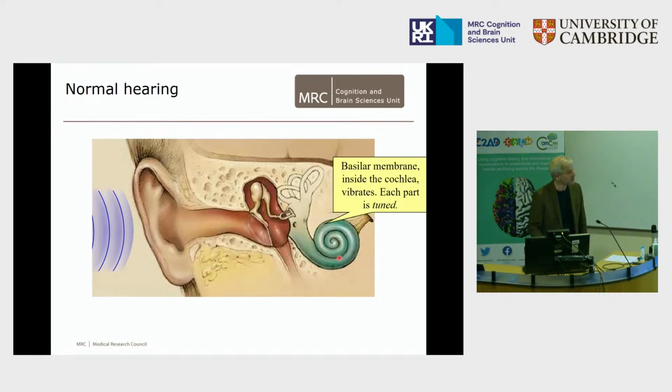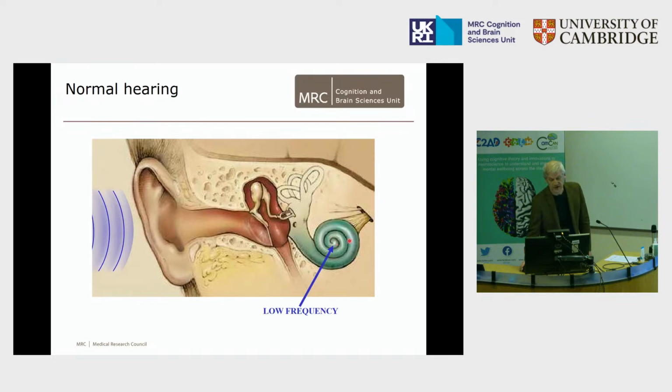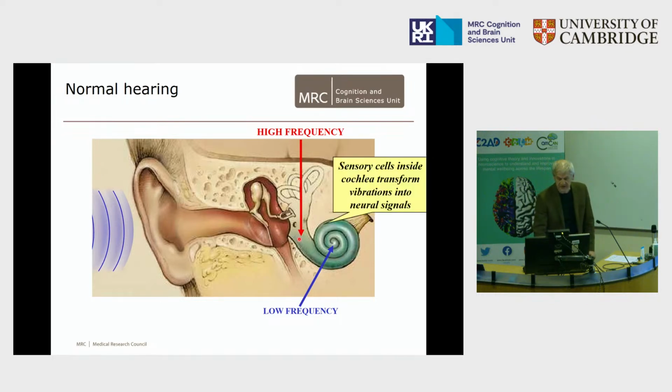Along the length of the cochlea, there's a membrane called the basilar membrane, thin and stiff at one end, and wide and wobbly at the other end, called the apex. This means that low-frequency sounds tend to excite the apical part of the cochlea, where the membrane's wide and wobbly, and high-frequency sounds activate this bit here, called the base. So each part of the cochlea is tuned to a different frequency.